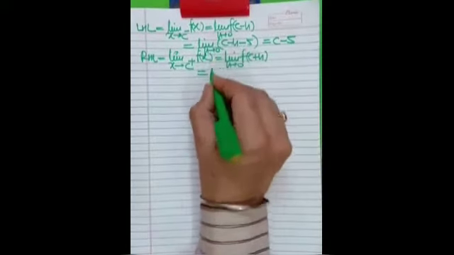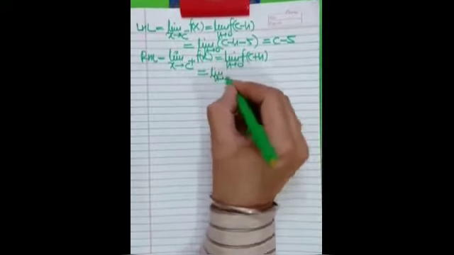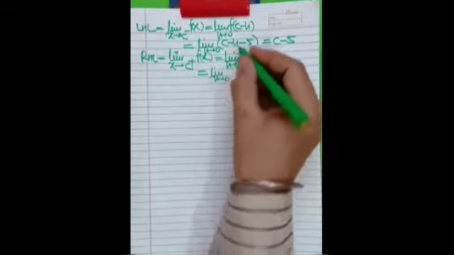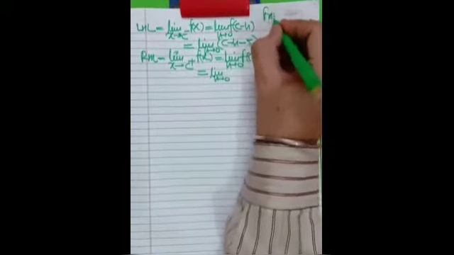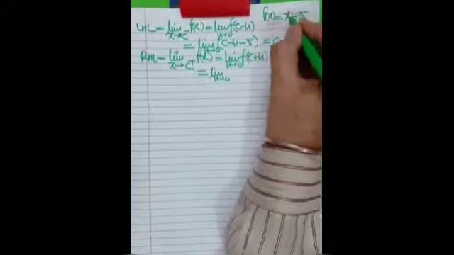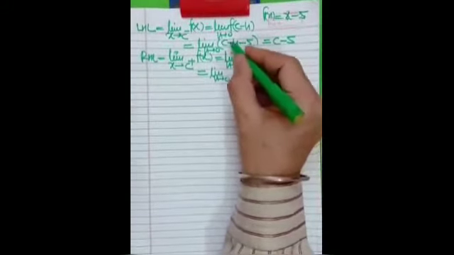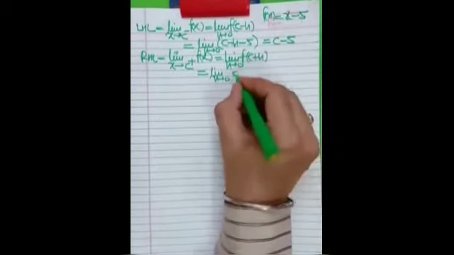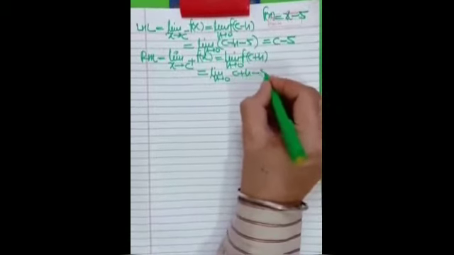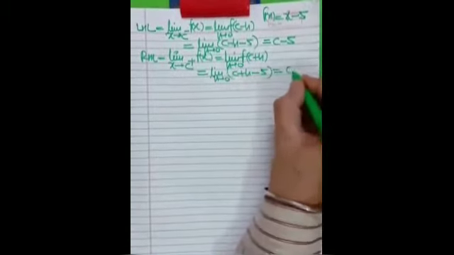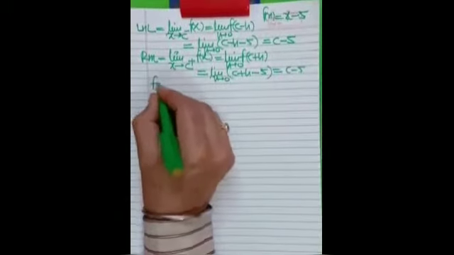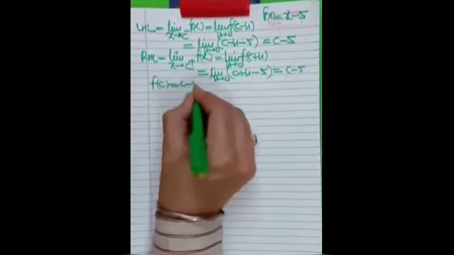Now put the value in the function. Your function is x minus 5. Here in place of x we were putting c minus h. Now I will put c plus h in it. Now h is 0, c minus 5. Now the value at c is c minus 5.